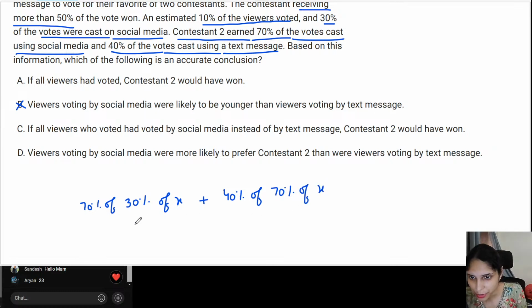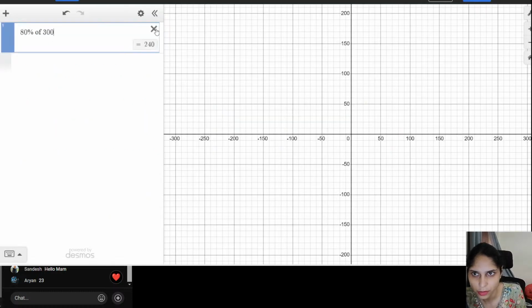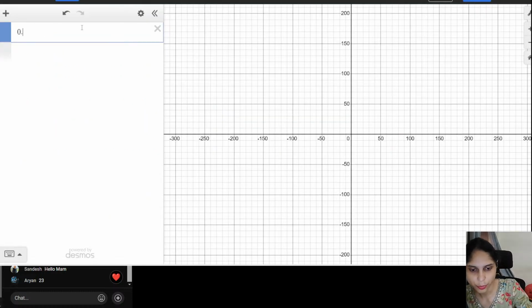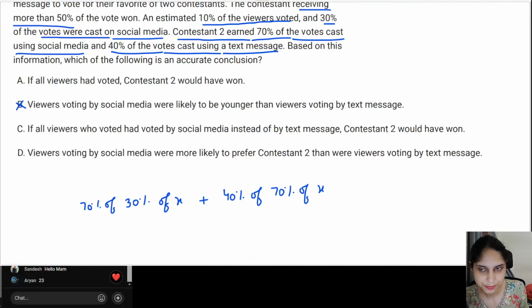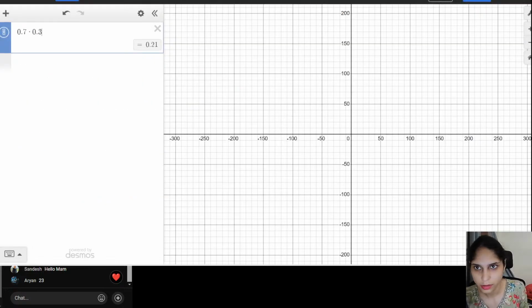7 times 3 is 21. So 0.7 times 0.3, 70% of 30% is 21%.